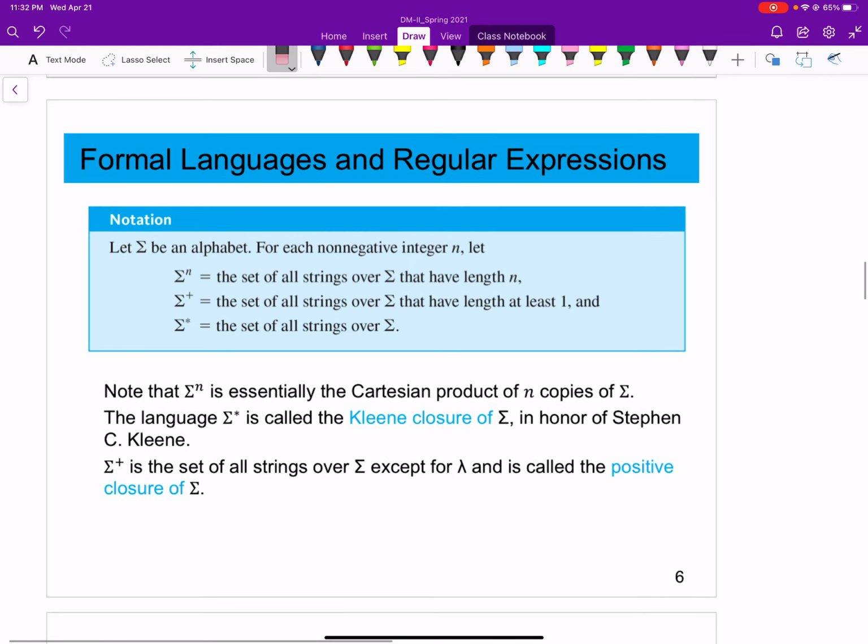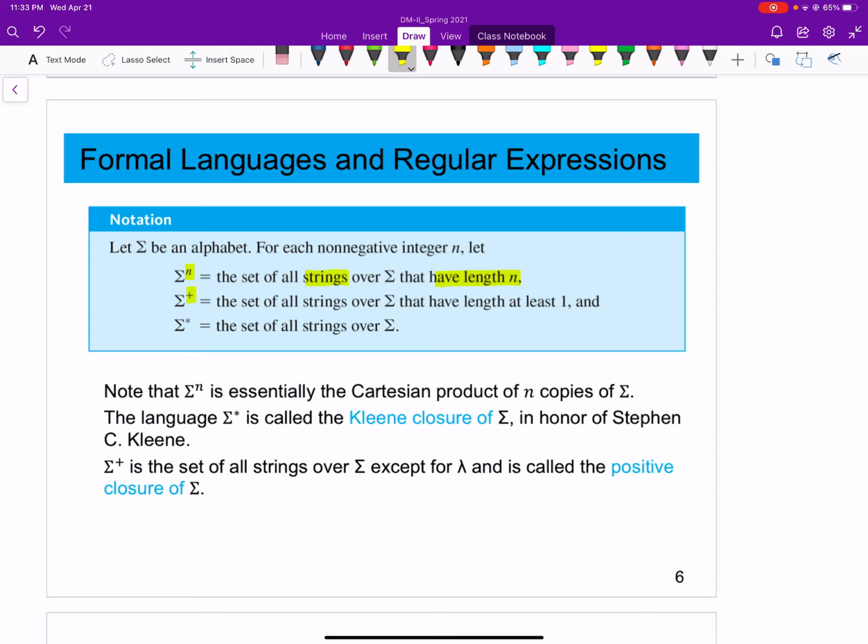All right, so let's move to the next slide. And then we have notations here. We define 3 new notations. First one is sigma to the power n, the set of all strings over sigma that have length n. This n is related to the length. And then we have sigma plus.